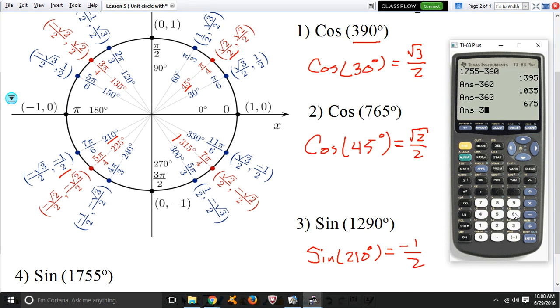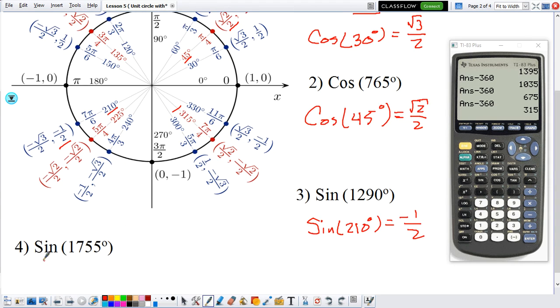Okay, so we subtract again. We get 315. So this is the same as the sine of 315. 315 is right here. If I want the sine of it, we're going to look at the y, which is right here. So that equals negative square root of 2 over 2.